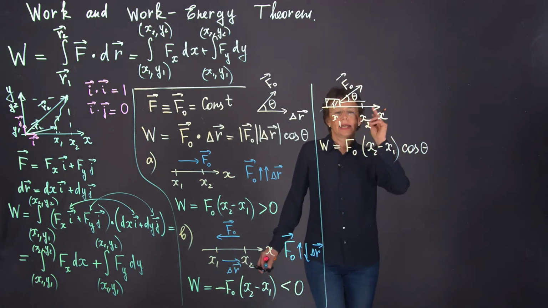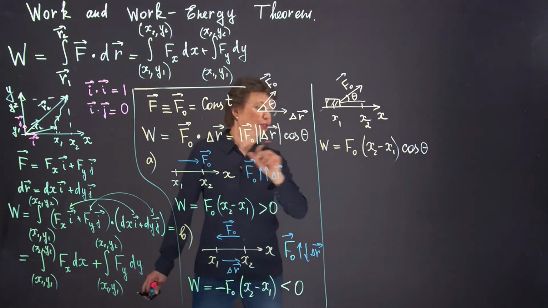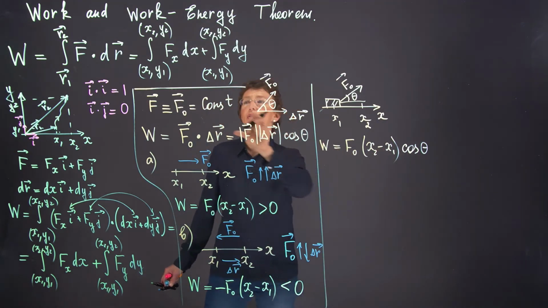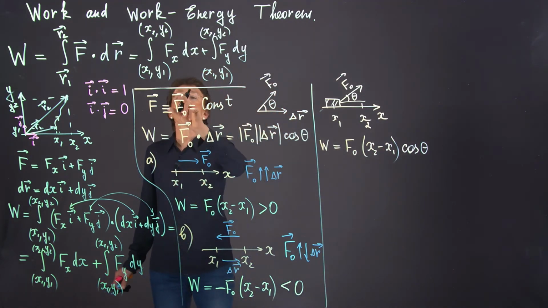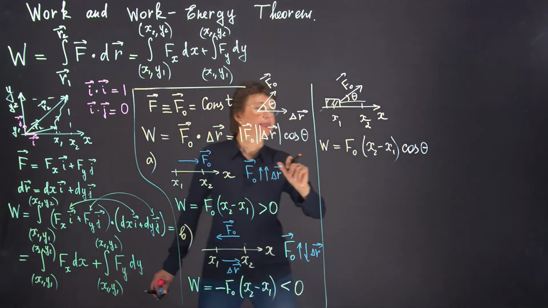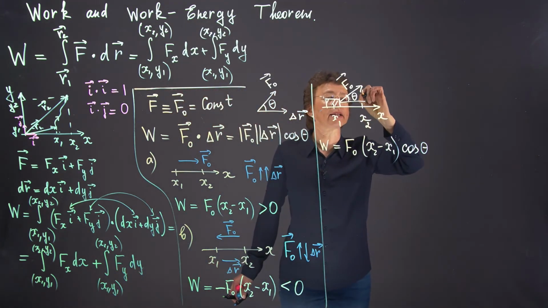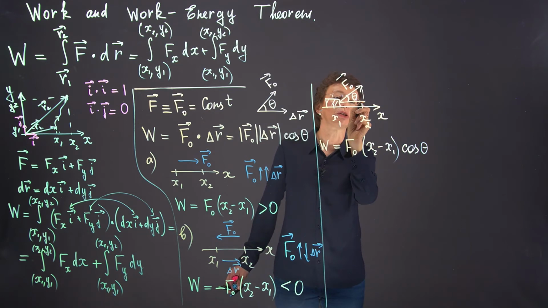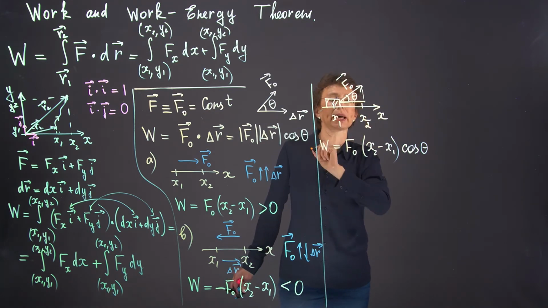Now, let's look at our definition and figure out how do we get the same formula from our definition. What is F sub x in this case? F sub x, I draw the line perpendicular to x. This is my F sub x.